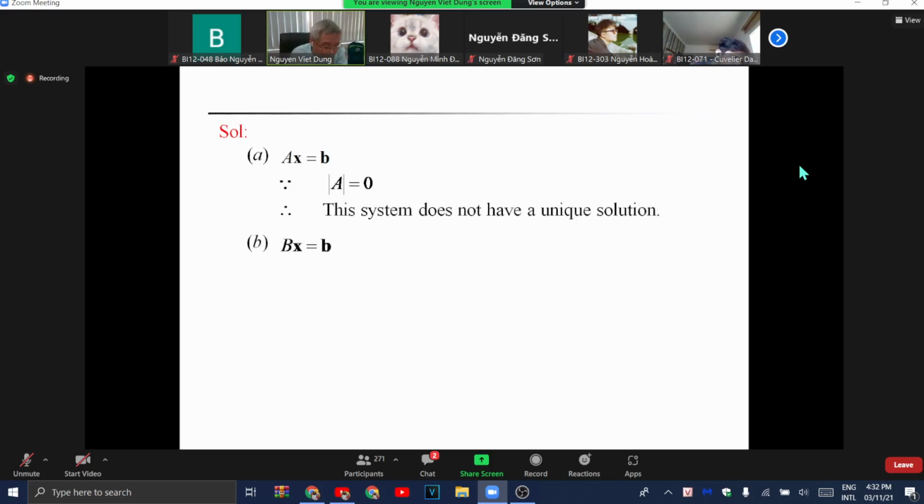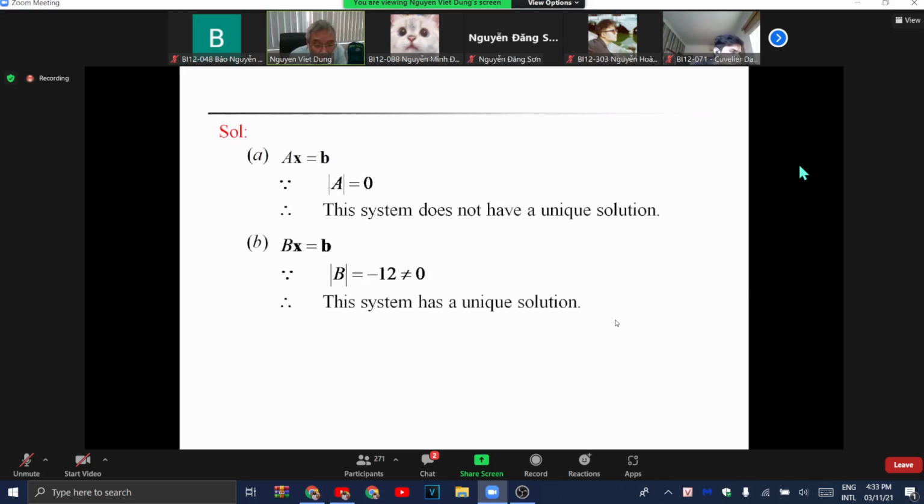And for system B, the matrix form is Bx equals B, and the coefficient matrix B has determinant minus 20. It is non-zero, means that the second system of linear equations has a unique solution. That is an example.